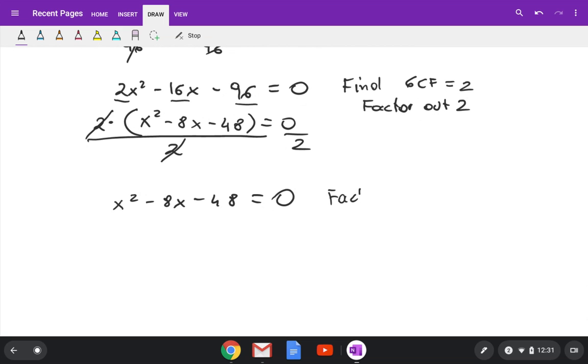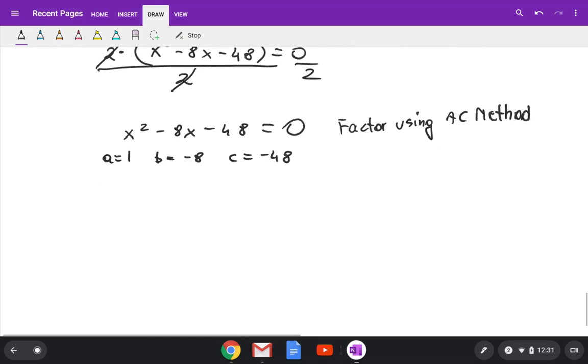You need to factor using the AC method. Okay, so A is equal to 1, B is equal to negative 8, C is equal to negative 48. Step number 1, multiply A times C. That will give us 1 times negative 48, which is negative 48.